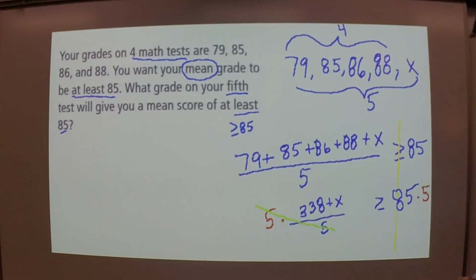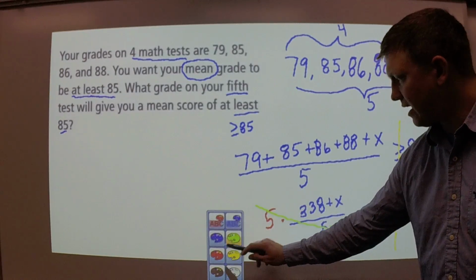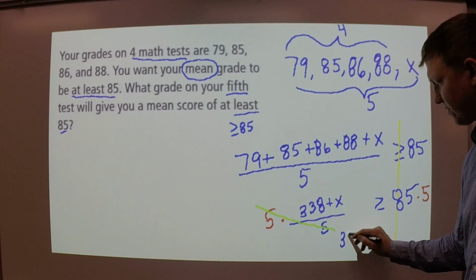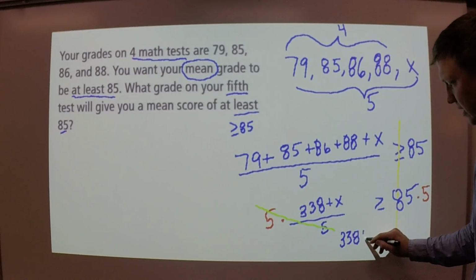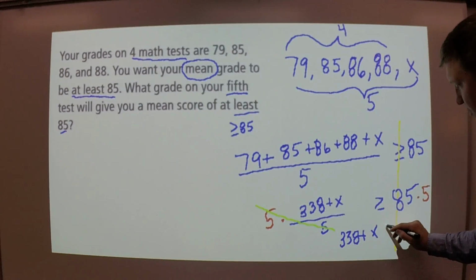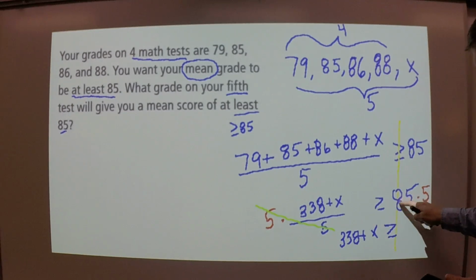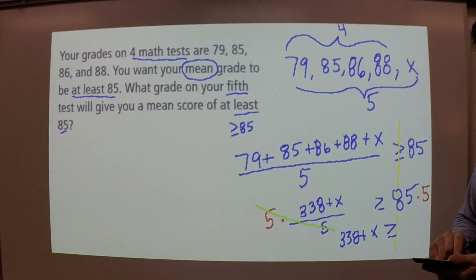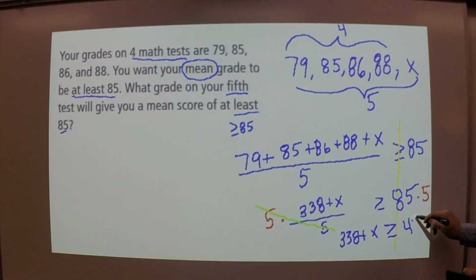I cancel the 5 with the 5, and I rewrite it as 338 plus x is going to be greater than or equal to 85 times 5, which should be 425, should be my total on this side.